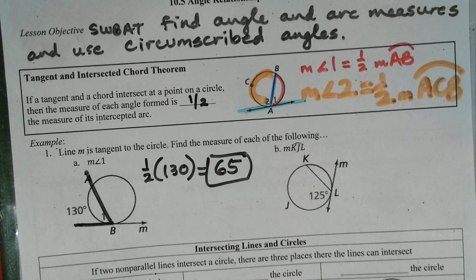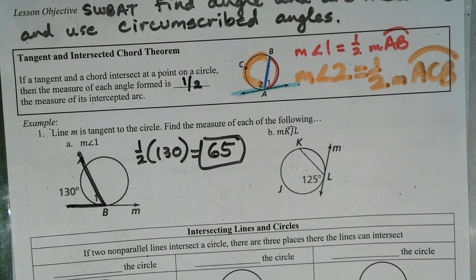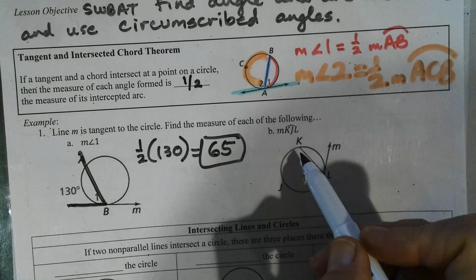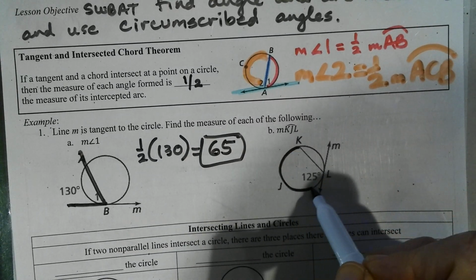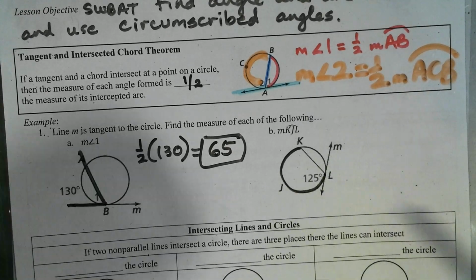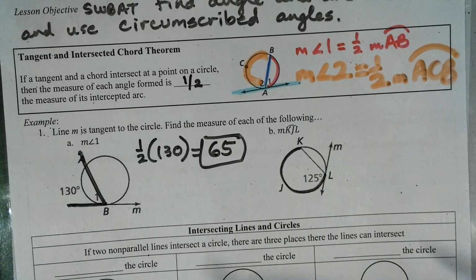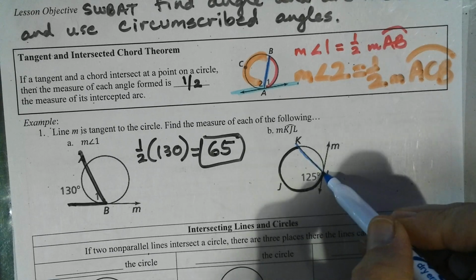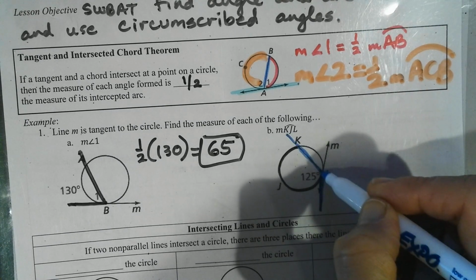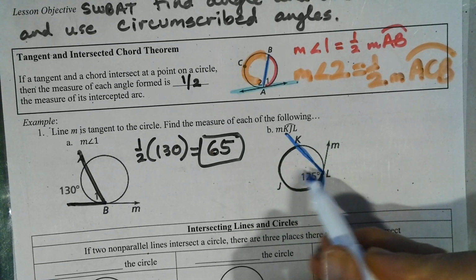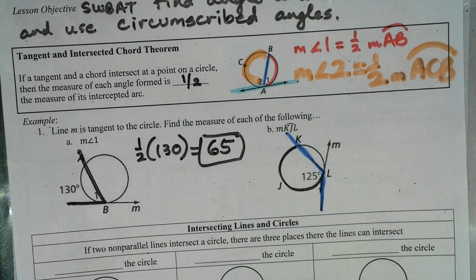On this one, we're looking for arc KJL. So you're starting here, and you're going around KJL. Well, again, I'm going to color code. Here's my angle in blue, and this angle is 1/2 as much of this.